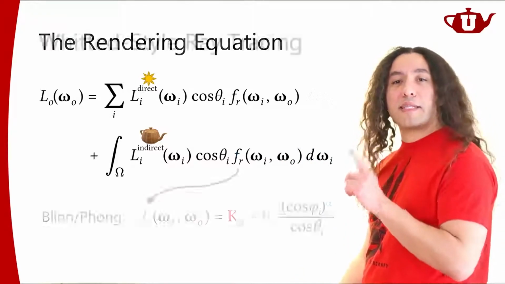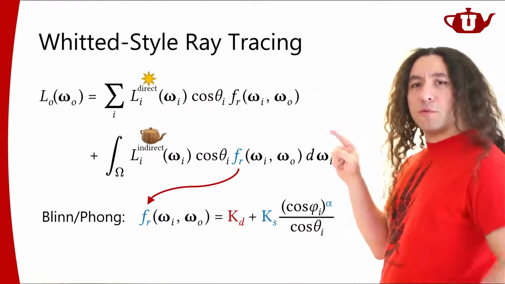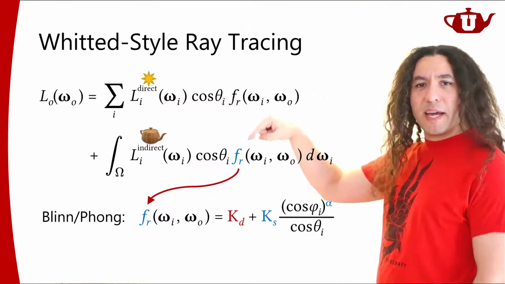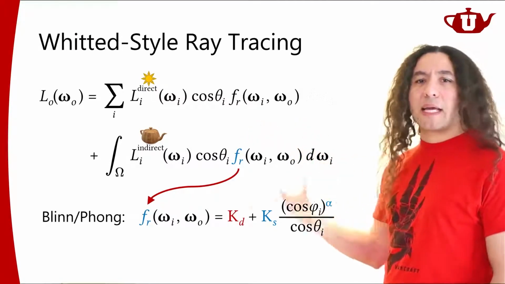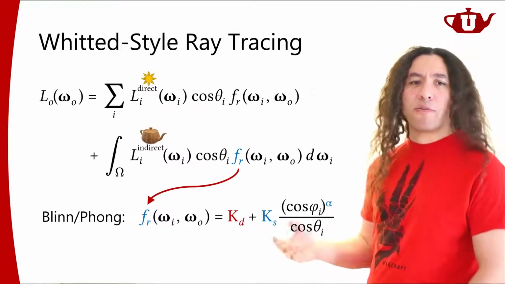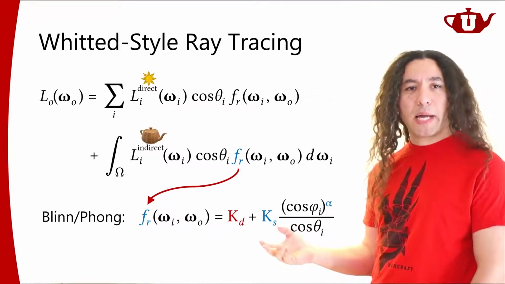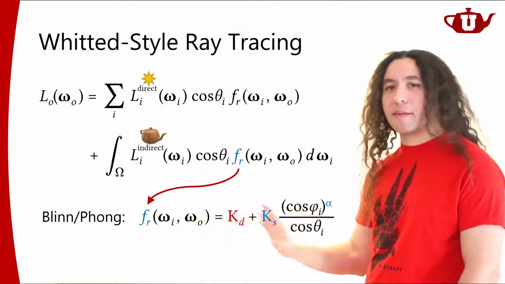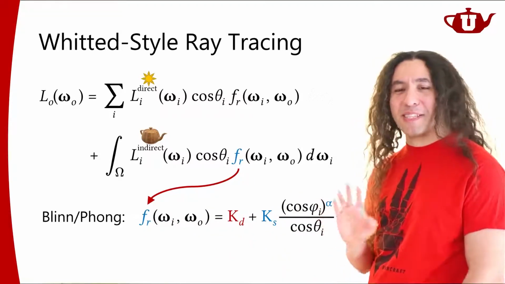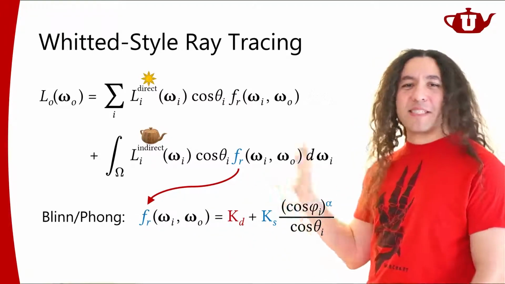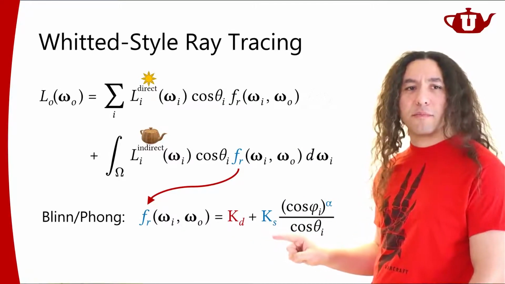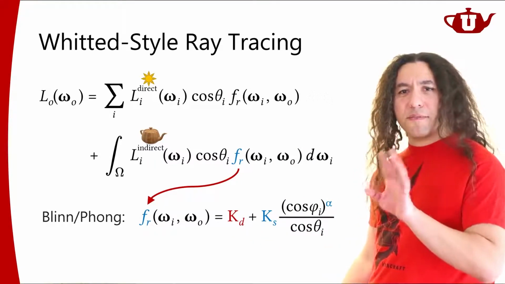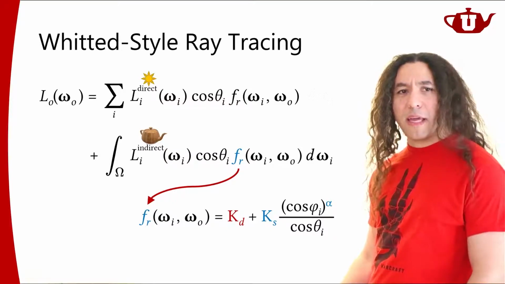With Whitted style ray tracing, I'm going to first assume that this BRDF term here is something like a Blinn/Phong formulation. Actually, it doesn't matter which one you pick, you'll end up exactly at the same place. So it's just a Blinn or Phong formulation. That is, I have a diffuse term and a specular term. That's the first simplification that I'm going to make here.